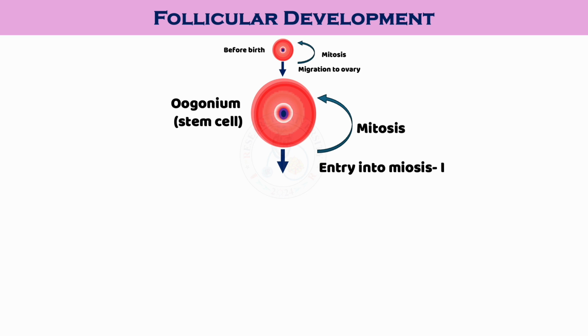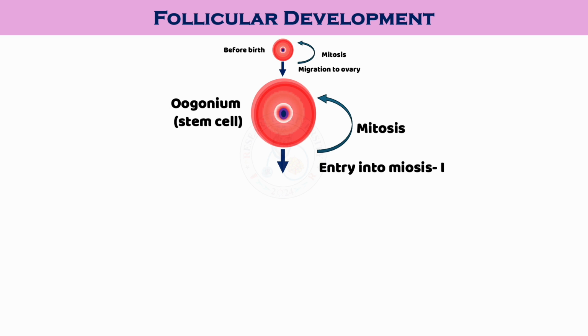And here is one interesting point. Before birth, oogonium stem cells produce more than 2 million cells, and all these cells enter into meiosis 1 and are arrested in prophase. But until puberty, we lose a lot of cells, and after puberty, at the first egg release, we have around 40,000 to 50,000 oogonium cells.